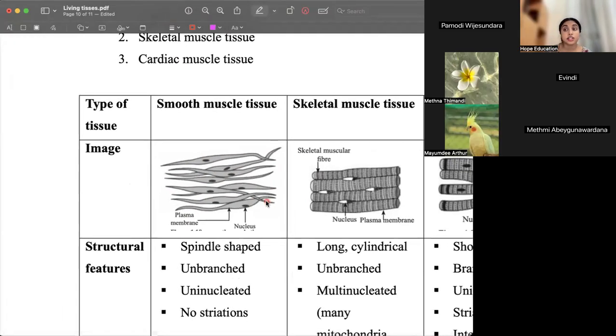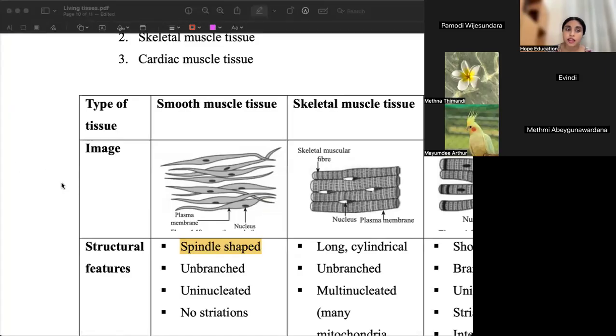Let's look at the structural features. Spindle shaped. If the middle part is thick and both sides are thin or narrow, this shape is called spindle shape.